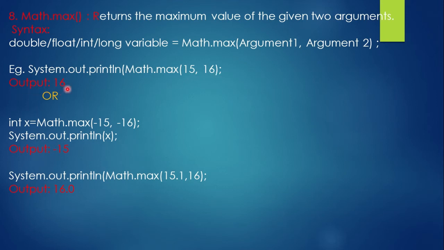So 16 will be the output. Why not 16.0? Because my arguments are supplied as integer type, so you get an integer. Next example, minus 15, minus 16. You know which is the greater number, minus 15. So you get minus 15. This example is very important. Look at 15.1 and 16 I have mentioned.